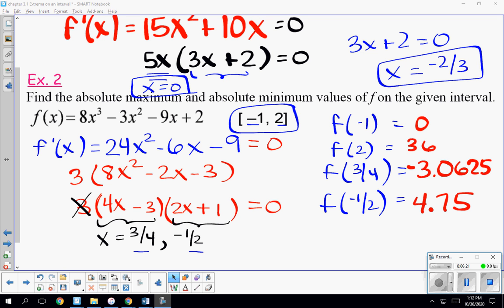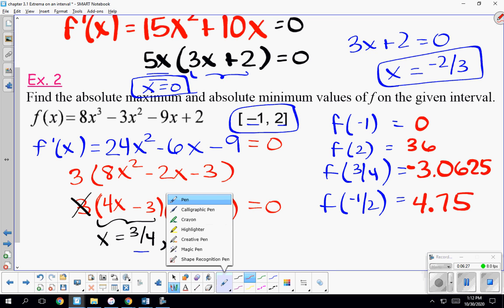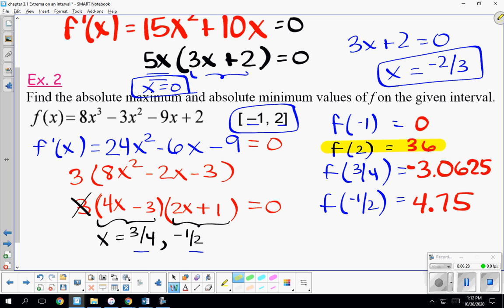And so I just plugged these in on a graphing calculator, and we can see here that the highest value occurs when x equals 2, and our lowest value occurs here. Now we just need to make sure we answer the question. This wants to know the actual values. So what are those values? And those values are going to be the y values. Their location is your x.